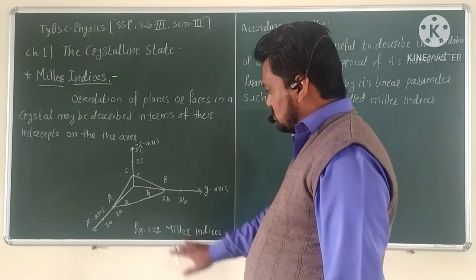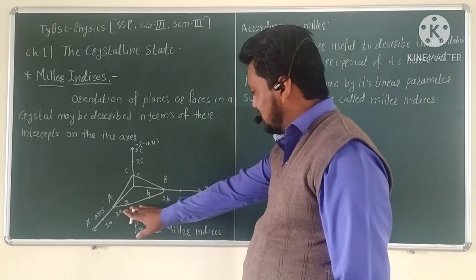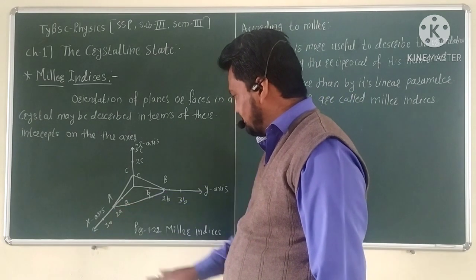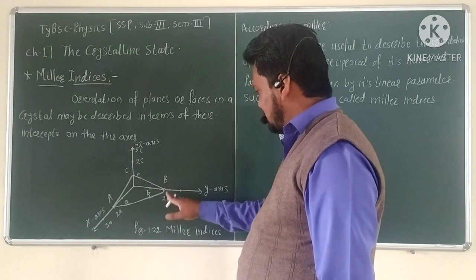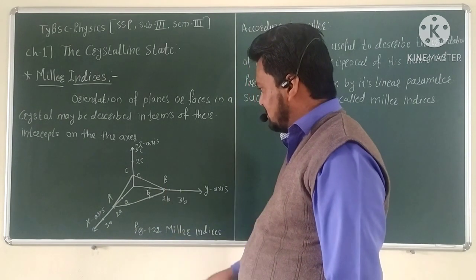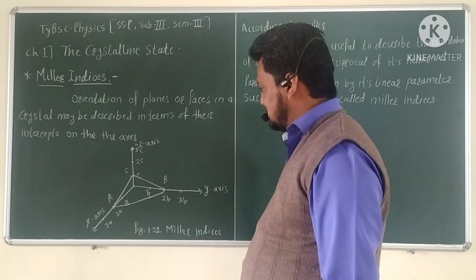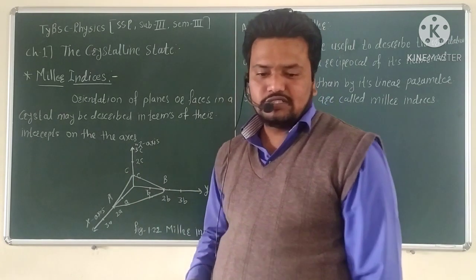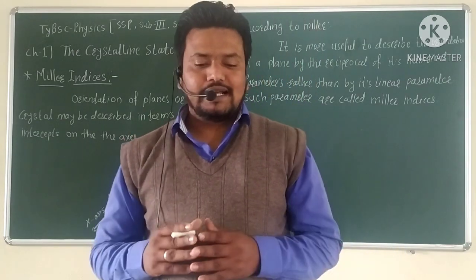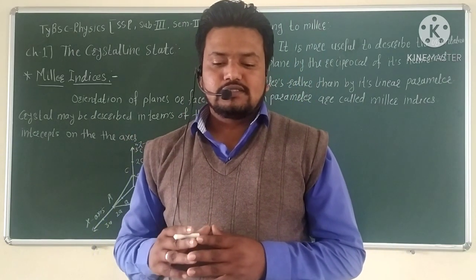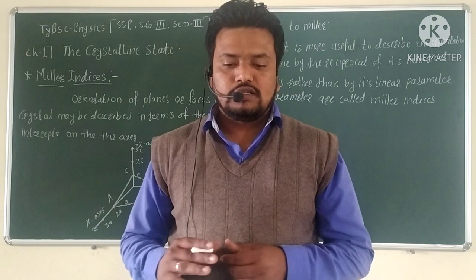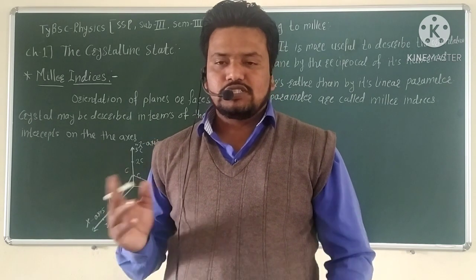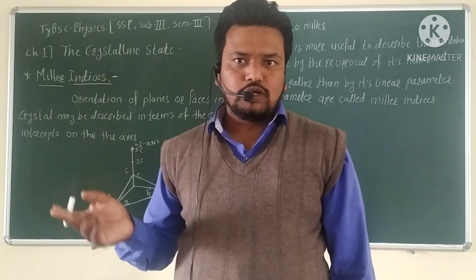We have considered two units on the x axis, that is 2a, two units on the y axis, that is 2b, and one unit on the z axis, that is c, and that axial unit, as seen in this figure, the numerical parameter on the faces is considered as 2, 2 and 1.